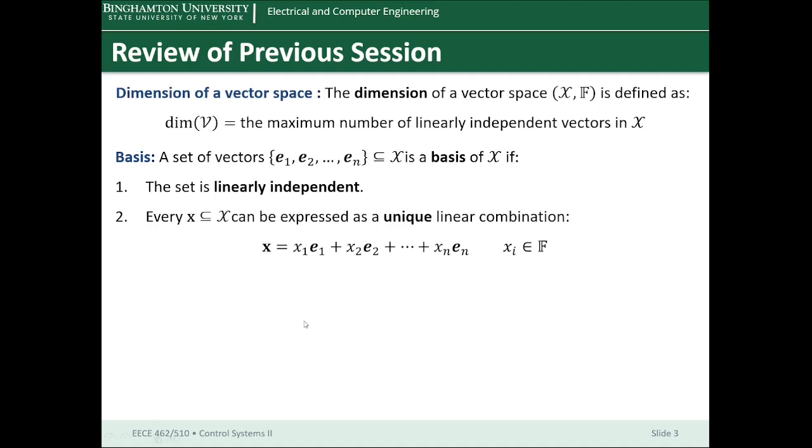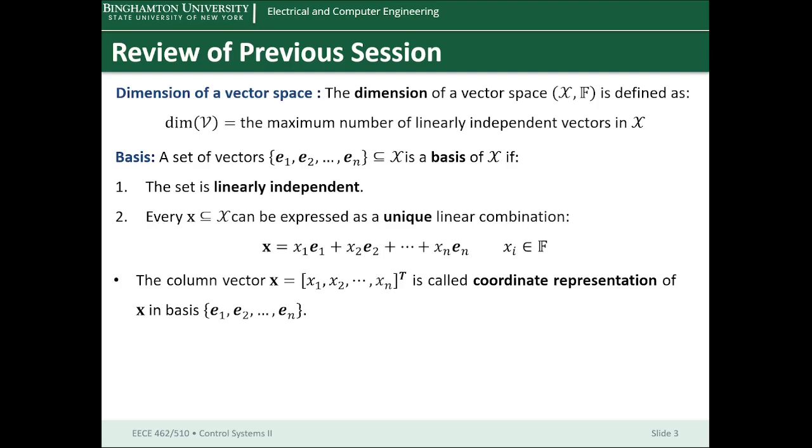When we write a vector in terms of these basis vectors, the coefficients that appear in front of the basis vectors are called the coordinate representation of the vector with respect to that basis. An important point here is that we don't have any restriction on which basis vectors we choose.